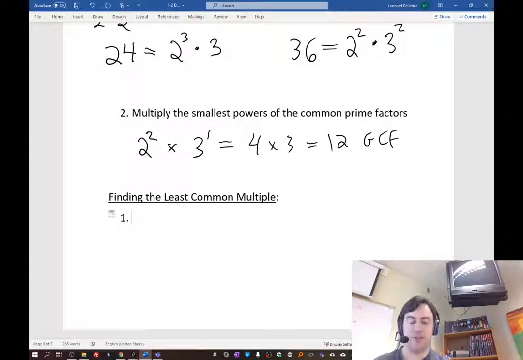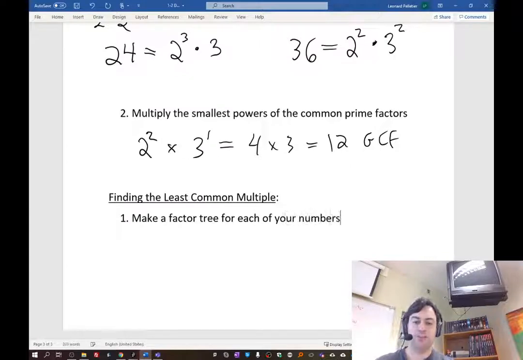So the first step, just like GCF, you're going to make the factor tree. Make a factor tree for each of your numbers. And the second step is going to be taking a look at all the factors of these numbers and multiplying them together.